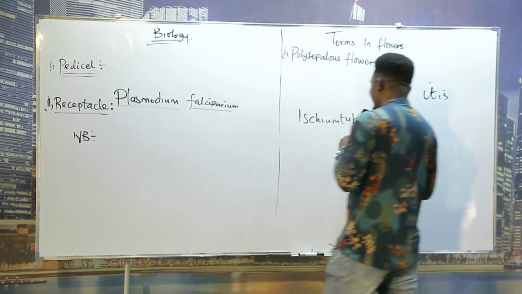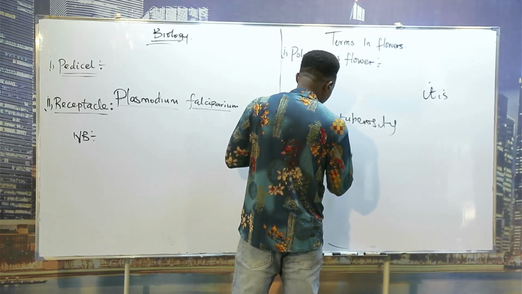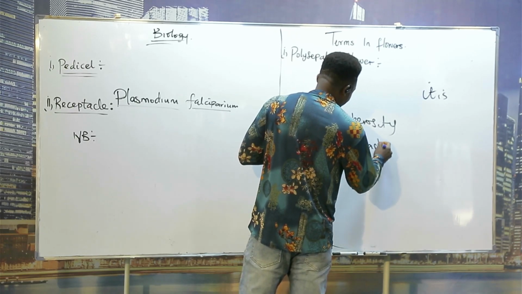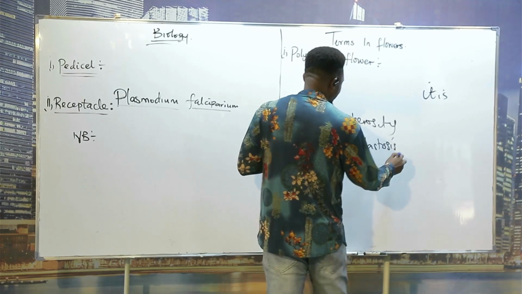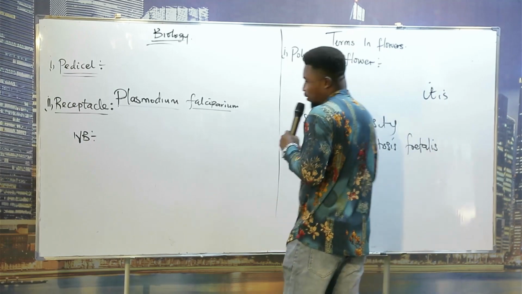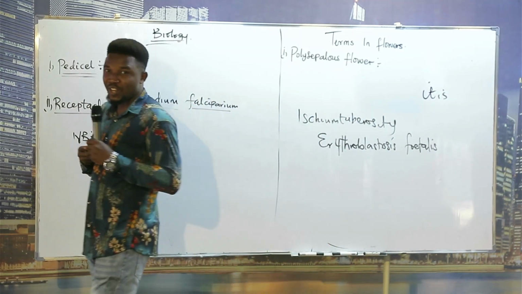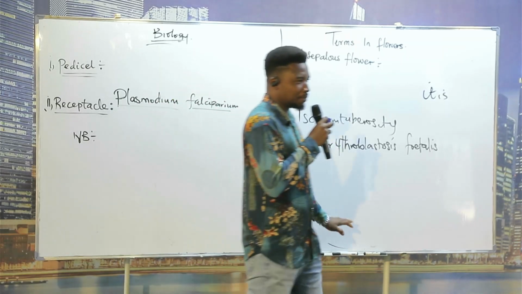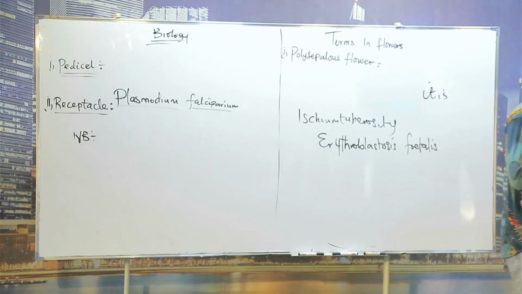We come to erythroblastosis fetalis. I'm just trying to explain that you can get the meaning of an ambiguous word in biology without even knowing what it actually means.